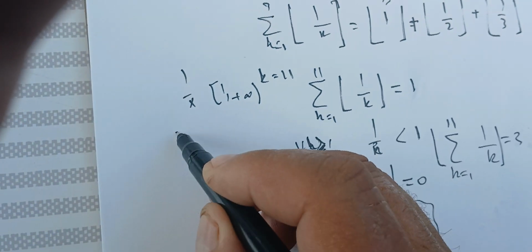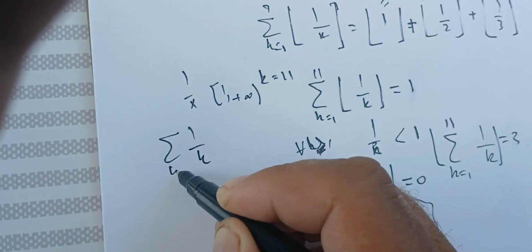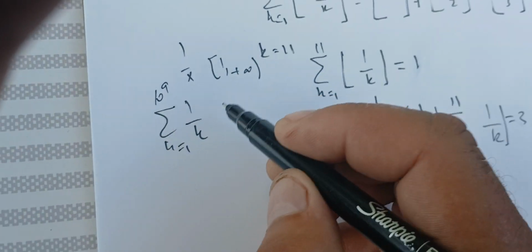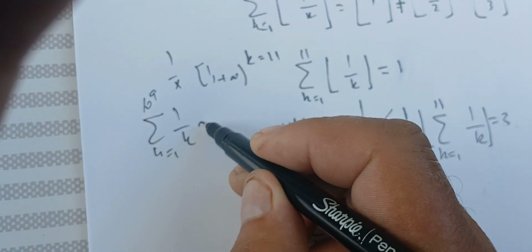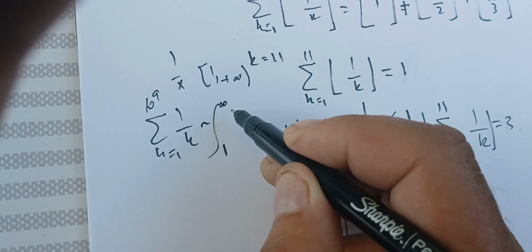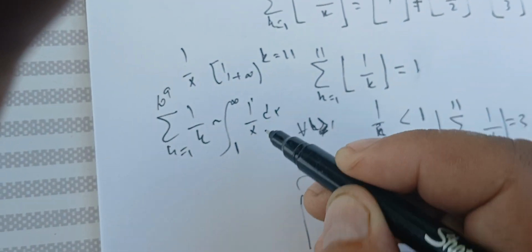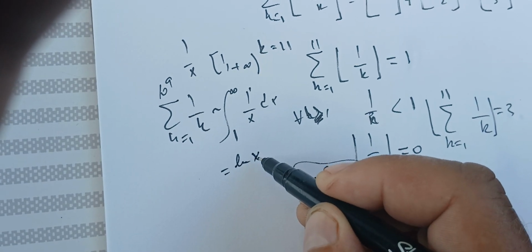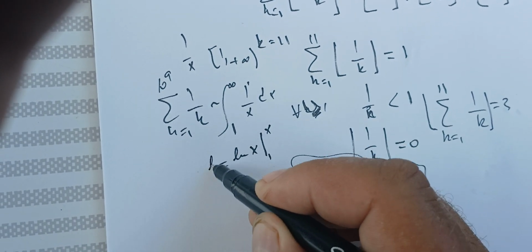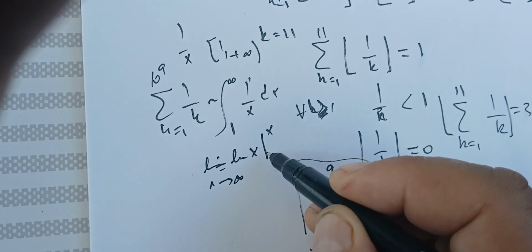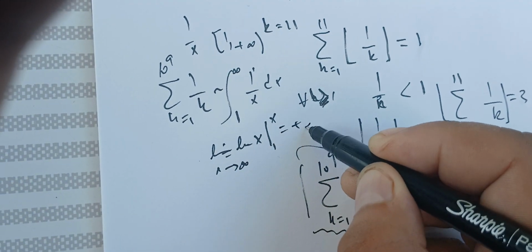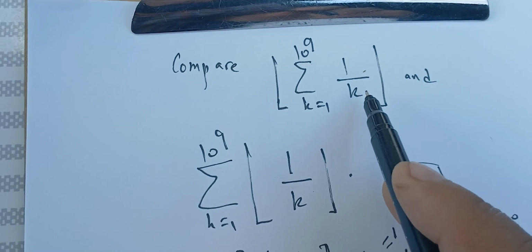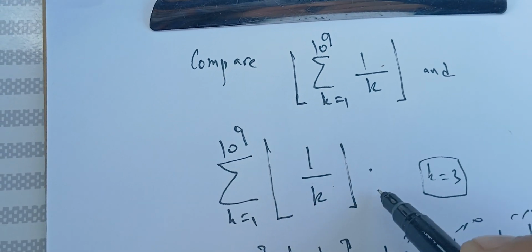And therefore, this sum here, 1 over k, where k is going from 1 to 10 to the power 9, is comparable to the integral between 1 and infinity of 1 over x dx. And when we compute that, we get the natural log of x between 1 and x, and we take x to infinity, using the definition here. So this is infinite. Therefore, the floor here is infinite. Okay? It's big, and therefore it's different from this one.